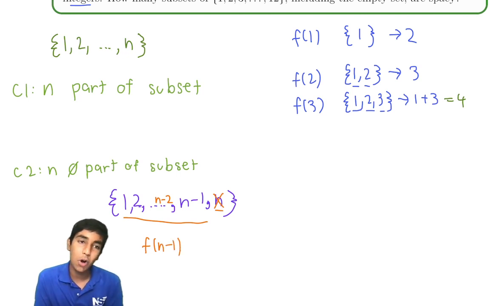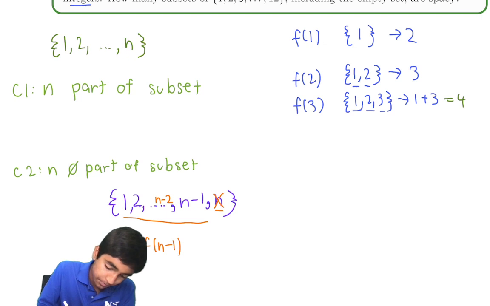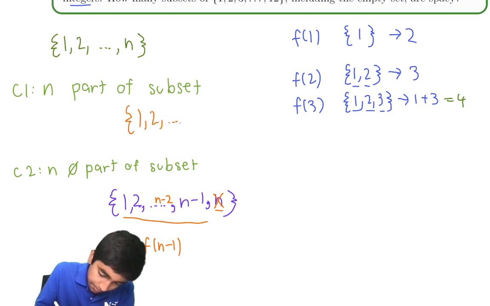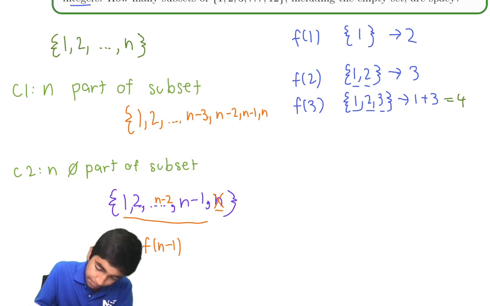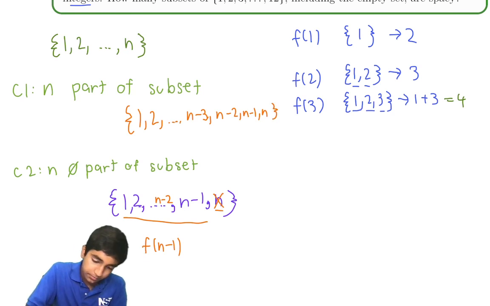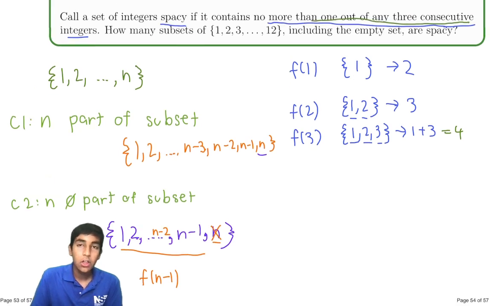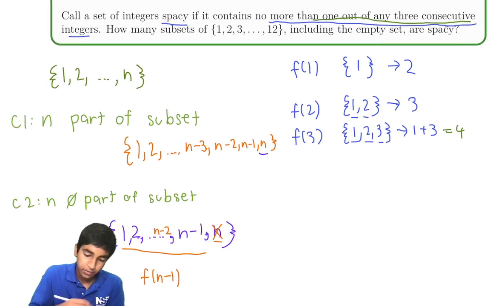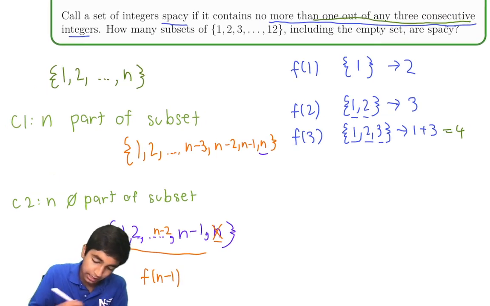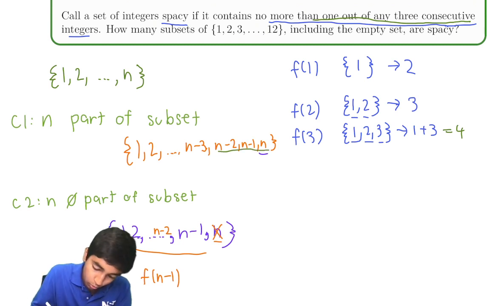But what if n is part of the subset? Then it's going to be a little bit more complicated. Our condition says no more than 1 out of any 3 consecutive integers. These are 3 consecutive integers right here.